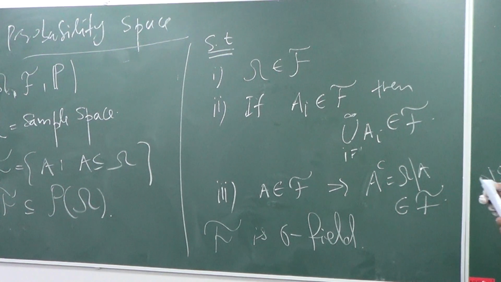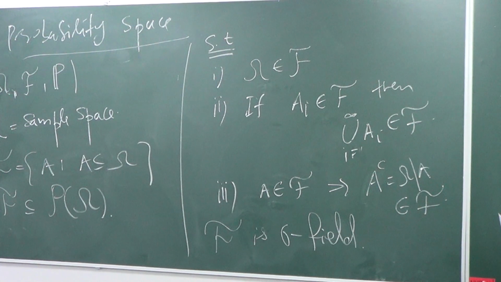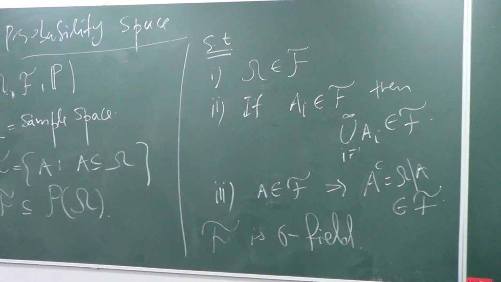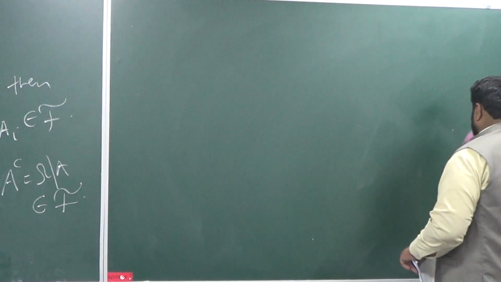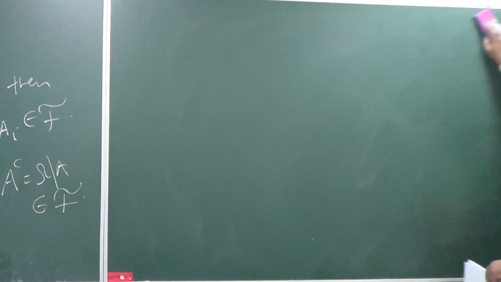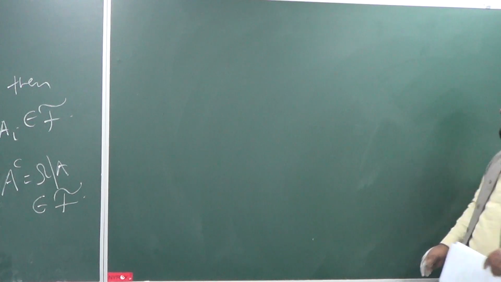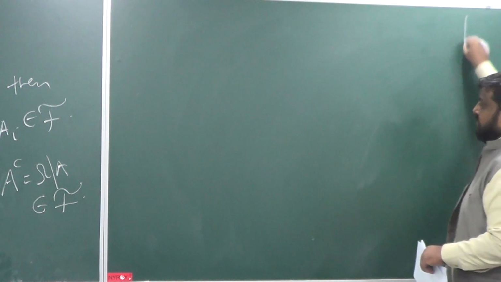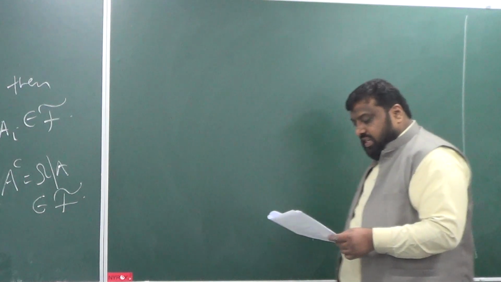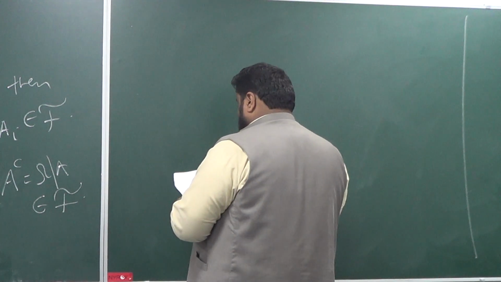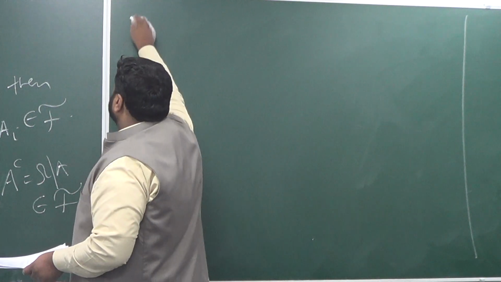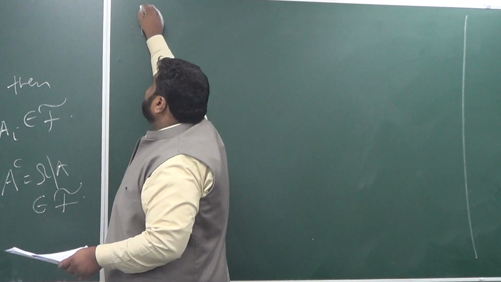What's a probability measure? The last thing is P. Let's define the last thing. What is P?